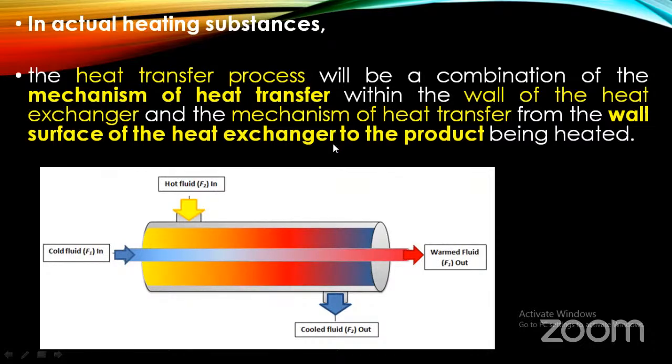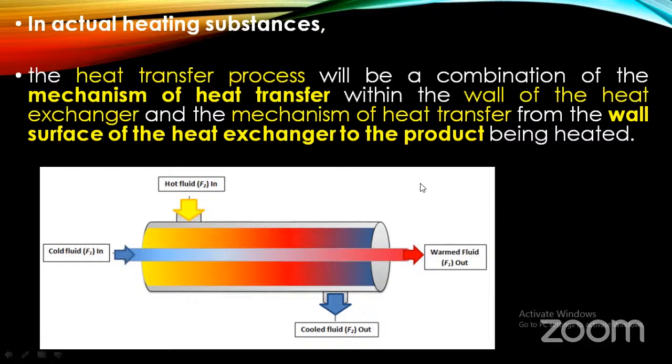So the heat transfer will be a combination of two. One will be within the wall of the heat exchanger. Another will be the mechanism of heat transfer from the wall surface of the heat exchanger to the product. In other words, the first form will be conduction heat transfer through the wall.